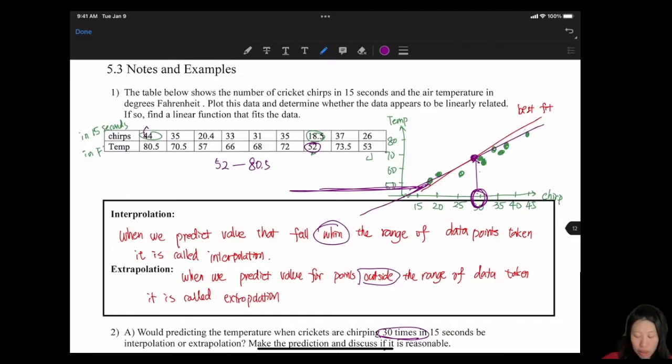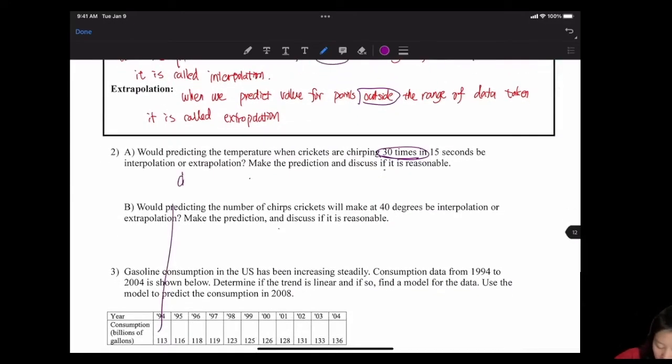So when we look at the data we're connecting for the chirps, we have the lowest frequency would be 18.5, right? And then the highest frequency would be 14.4. So we know that the chirps we connect the data is in between 18.5 and 14.4. And the 13 times is within the range, right?